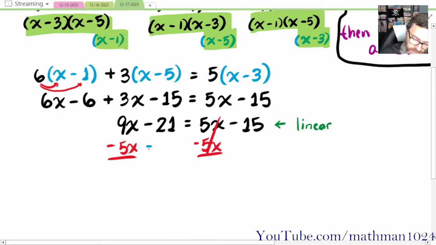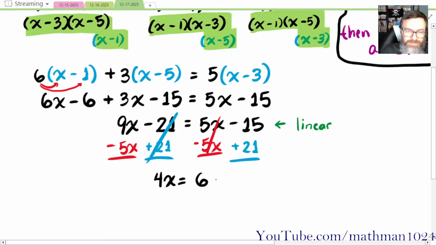And I'm going to also move this 21 over to the other side, like this. And now I have 4x is equal to positive 6. And the last thing to do here is to divide both sides by 4. So x equals, make sure that you reduce correctly. There's a common factor of 2, so it reduces to x equals 3/2.